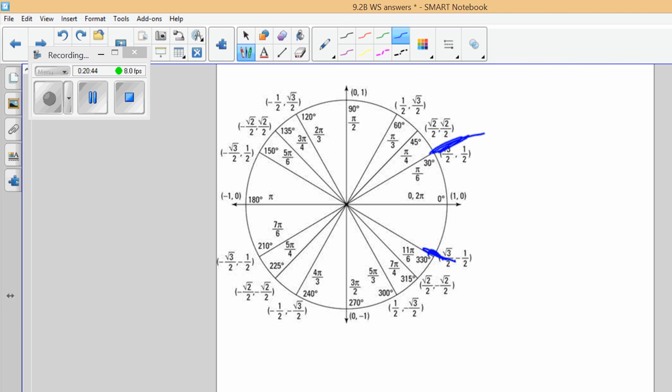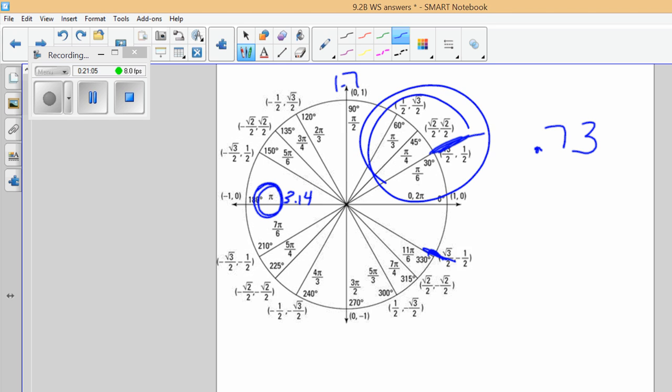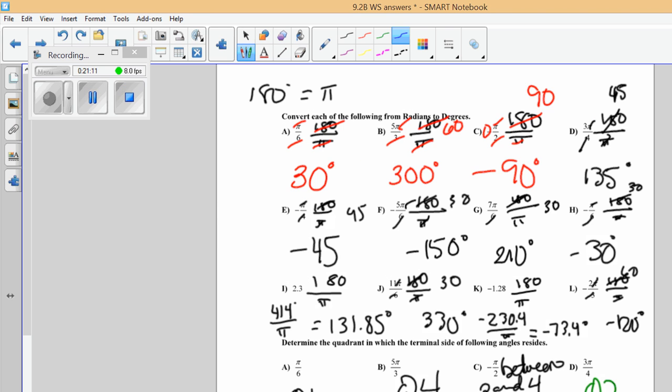Well, go to your unit circle. 180 is pi. Pi is 3.14. So half of 3.14 is like 1.7. So if we're looking for 0.73, it's got to be somewhere between 0 and 1.7. So it's quadrant 1.